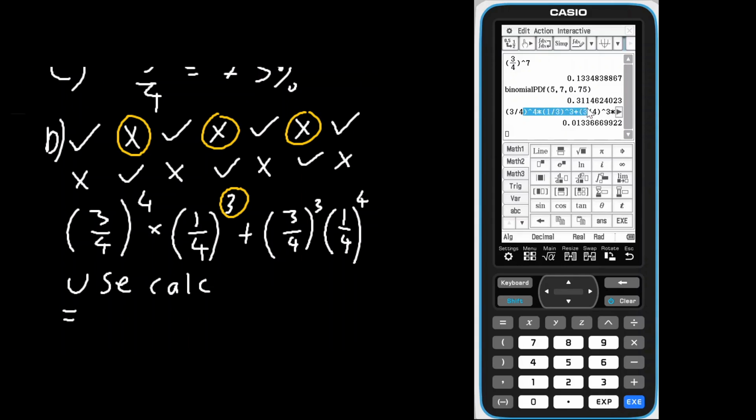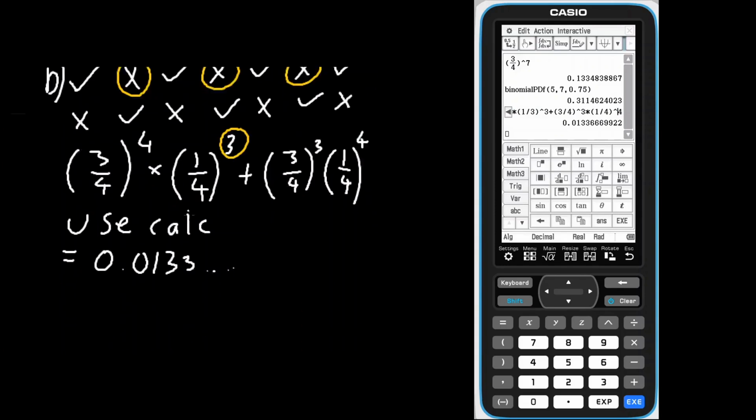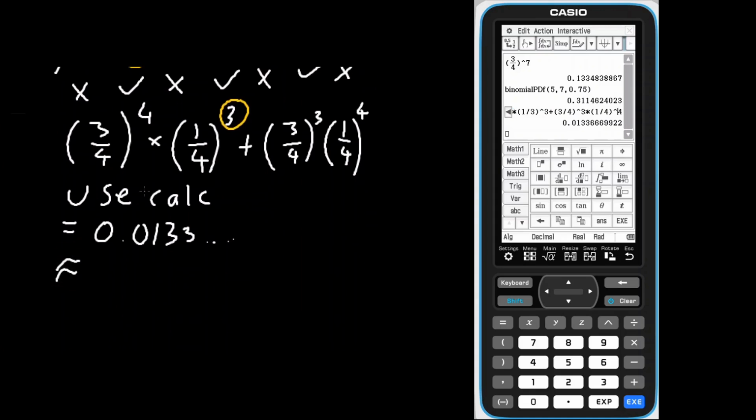And just make sure that looks all right. Yep, and that's our answer in here. So in this case, the probability is equal to 0.0133... And let's just round it to a couple of significant figures. So we can say times by 100, and that gets us 1%. So we can say that is equal to 1.34% chance.